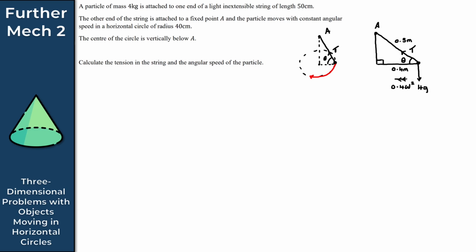So what I'll do here then is I'll just let T be the tension in the string. I've already kind of denoted that here anyway, but I'll just state it here.